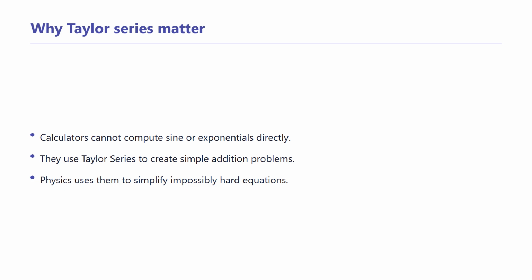Instead, they use Taylor series to turn these complicated functions into simple addition and multiplication problems that their microchips can process instantly. Furthermore, in physics, we constantly use this tool to simplify impossibly hard problems by cutting off the infinite series after just one or two terms. Without this mathematical tool, most of modern physics and computer science simply could not exist.